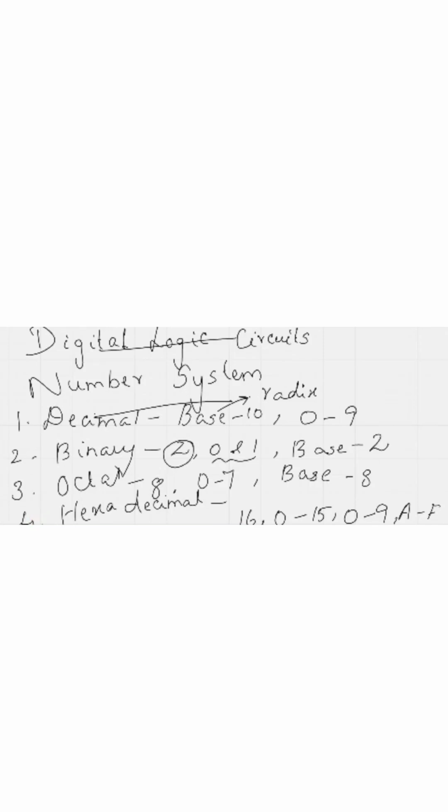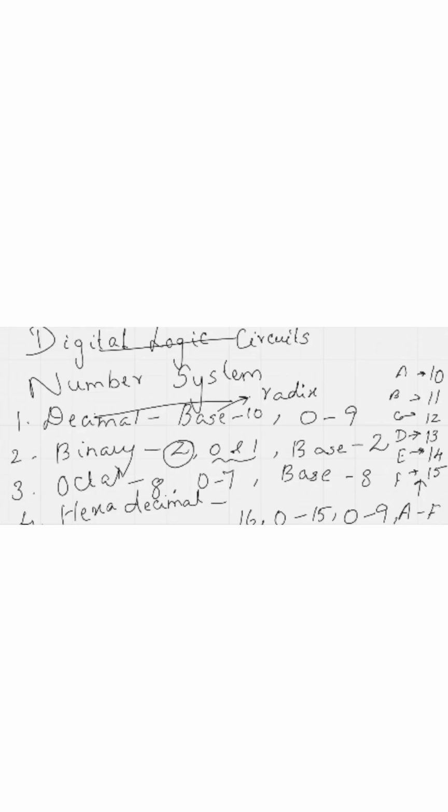So in this number system we have A, B, C, D, E as well as F. The equivalent decimal values for these alphabets are: A represents 10, B 11, C 12, D 13, E 14 and F represents 15.